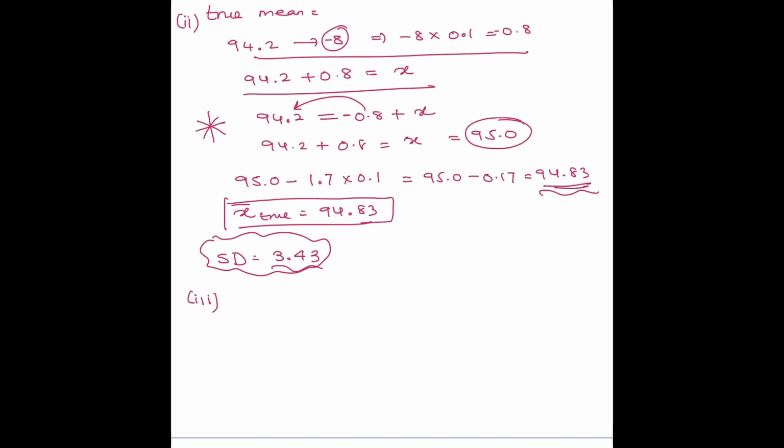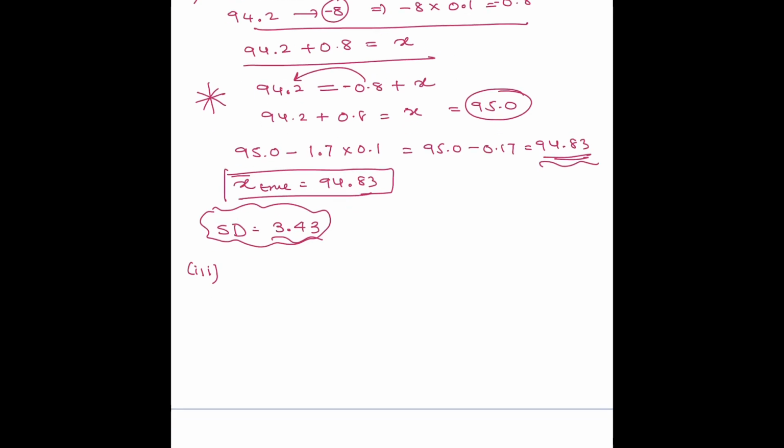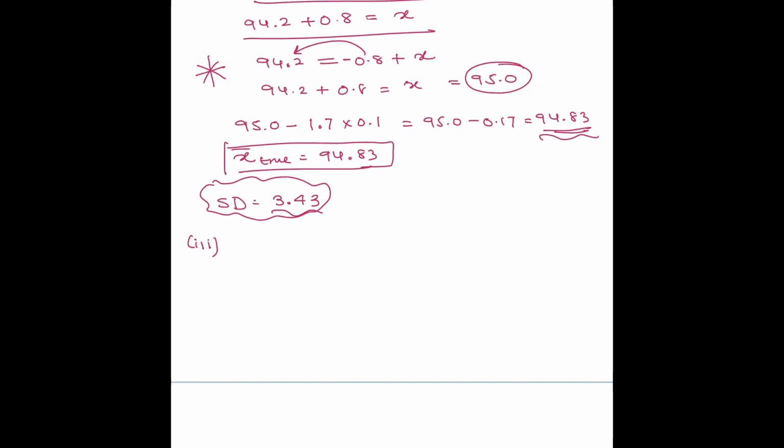Now number 3. One of the figures recorded as negative 18 suggests why this can be regarded as an outlier. Now, outlier, let's see. Generally we do 2 standard deviations away from the mean.